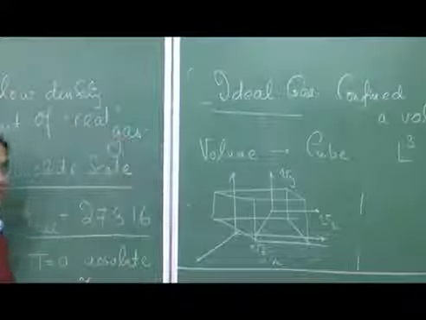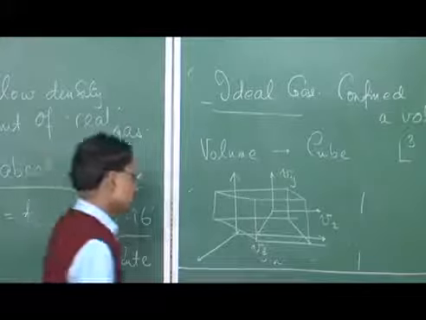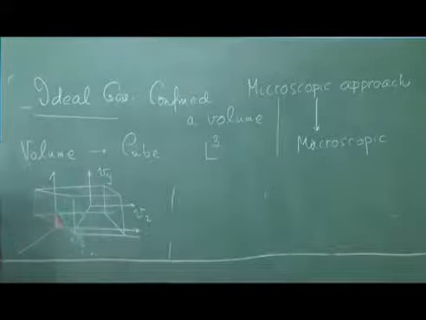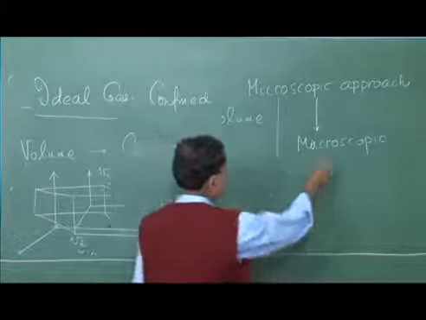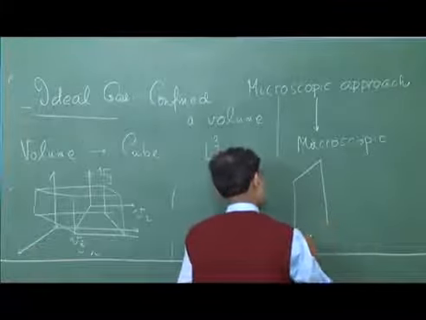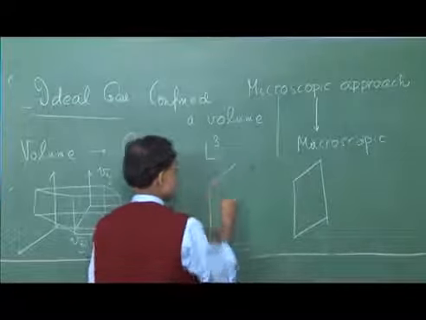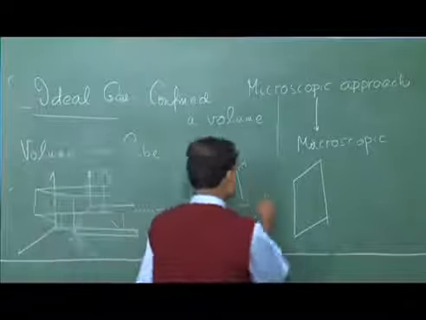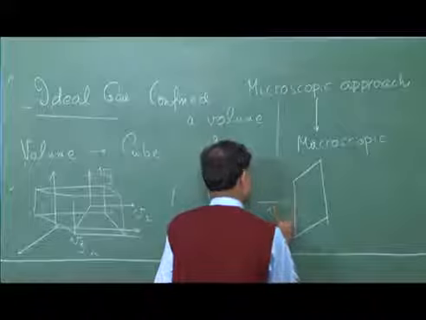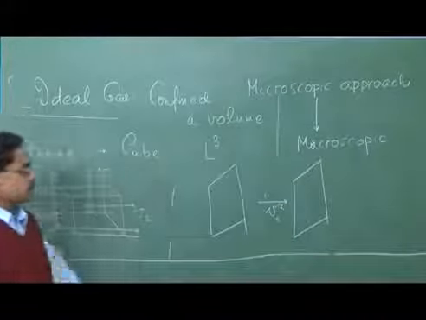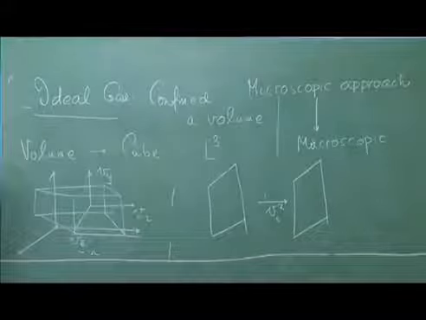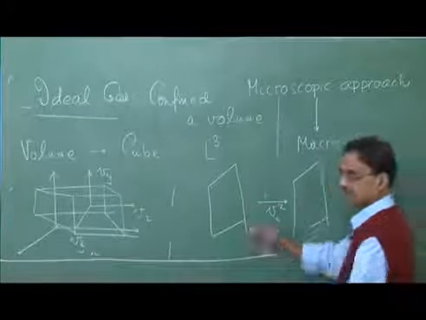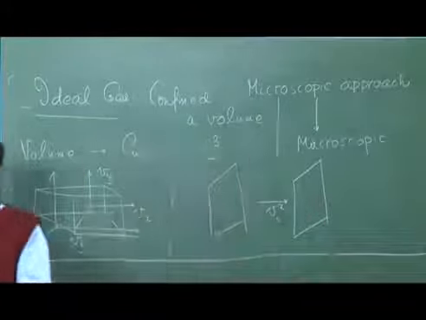Let us take a particular individual molecule denoted by i, and two faces of the cube, let us say the yz planes. The x component of velocity, which I call Vix, is the ith particle's x component, and it is going normally, hitting these two faces which are perpendicular to the direction of velocity.